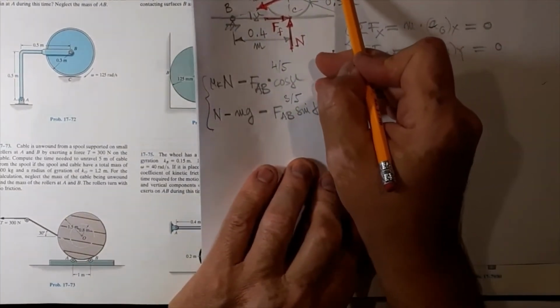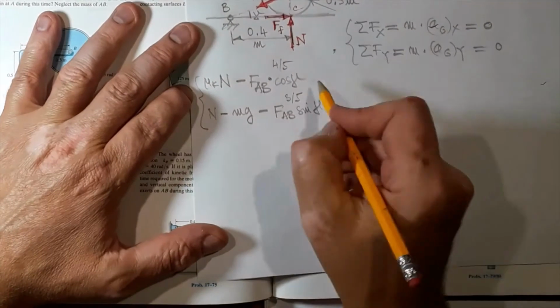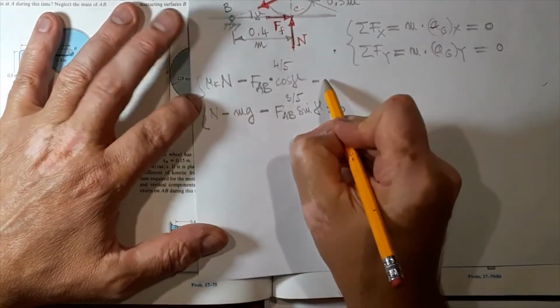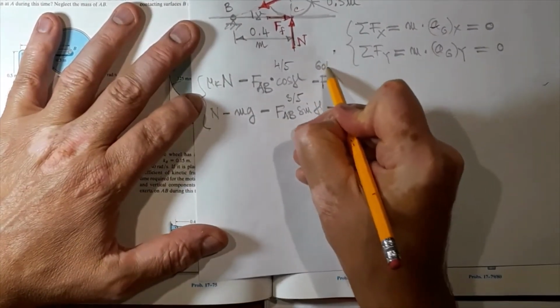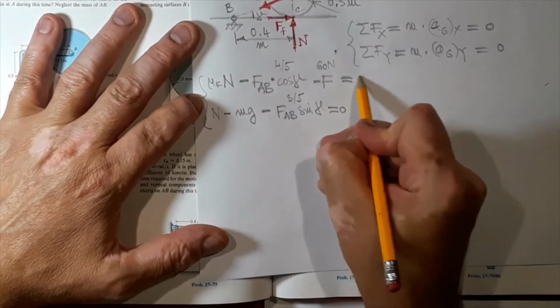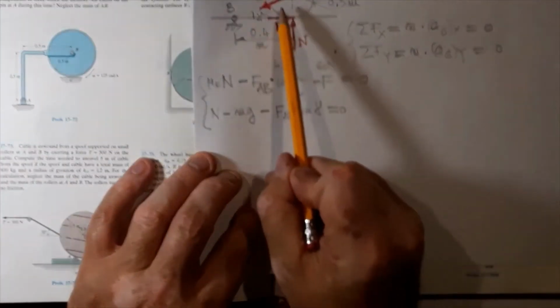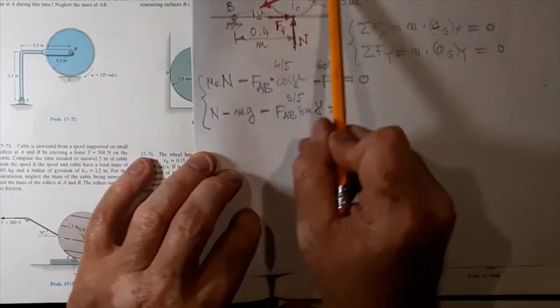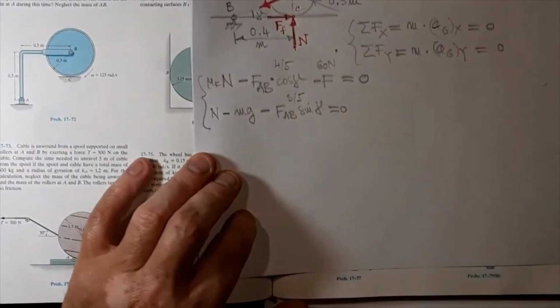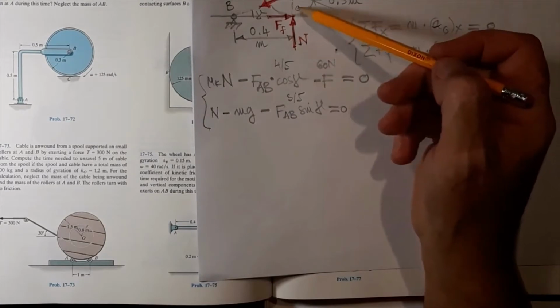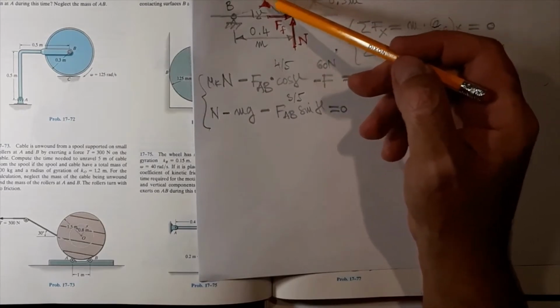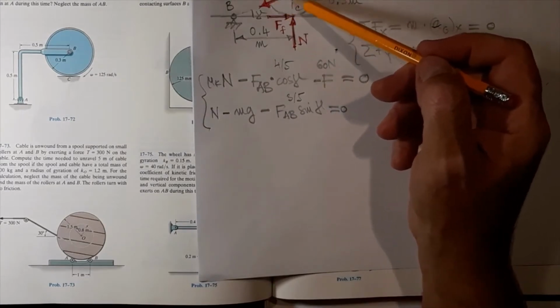In the positive direction of x, there's the applied force, the 60 newton force. So I have the horizontal projection of FAB, the friction, and this one, 3 forces. And in the vertical direction, likewise 3: the weight negative, the normal positive, and FAB projecting in the vertical direction, also negative.